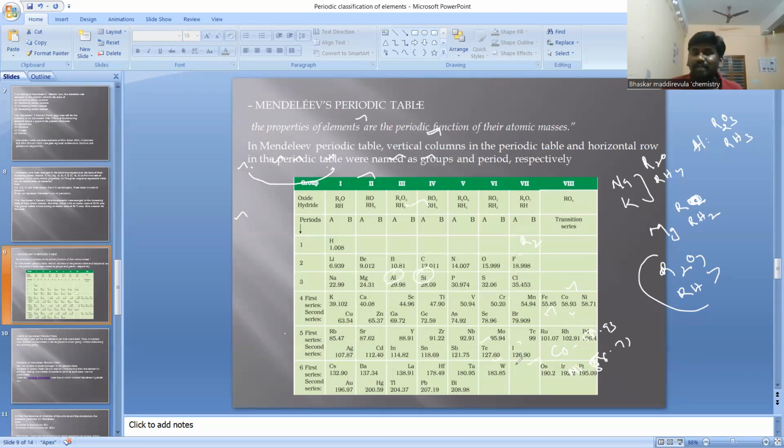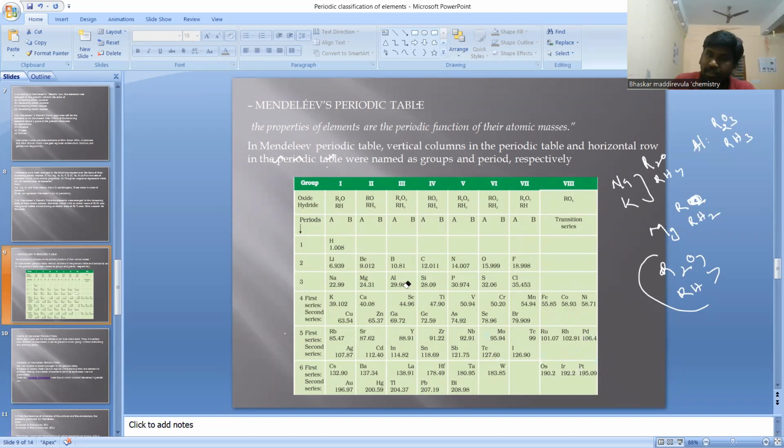Why did he keep that? To keep the elements in the group of similar properties. That's the one main motive, and that's why he kept it like this. So you have to write this reason. These were the last questions from Mendeleev's periodic table.